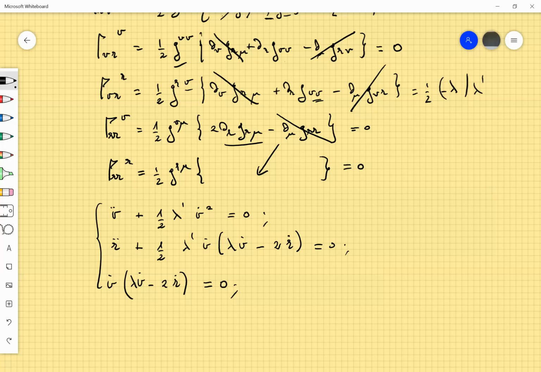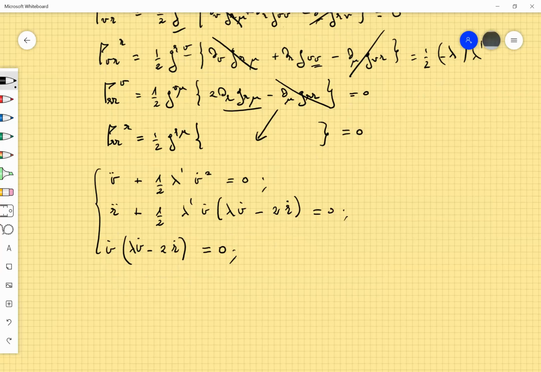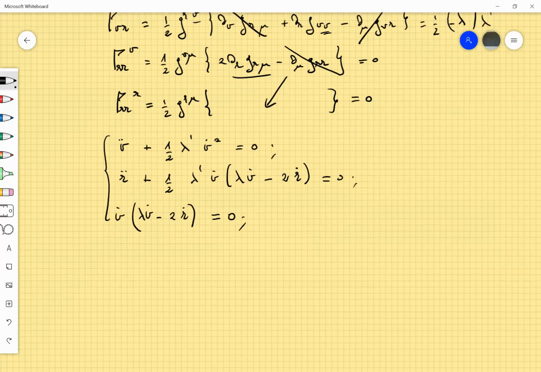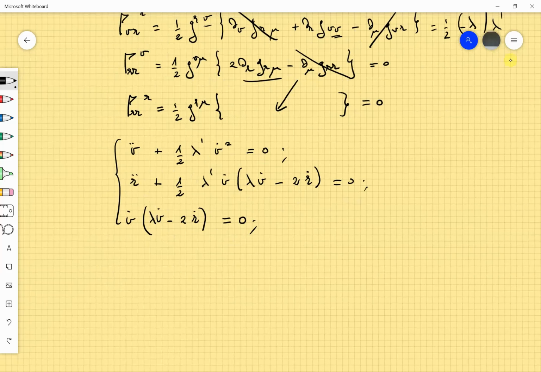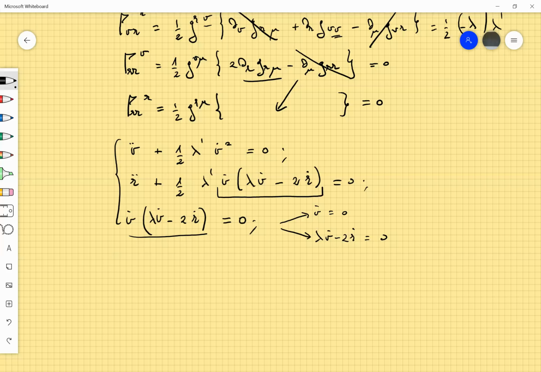The important thing is that in the end the result is correct. So you see that there are two possible ways of solving this equation, but in any case, v dot can be 0 or lambda v dot minus 2 r dot is equal to 0. In any case, you have both possibilities here, and clearly this term vanishes, and again the solutions are equal to a psi.